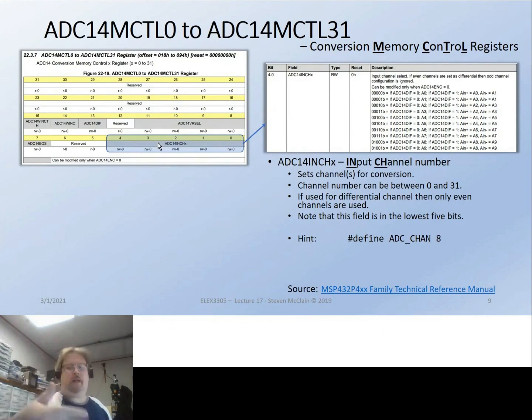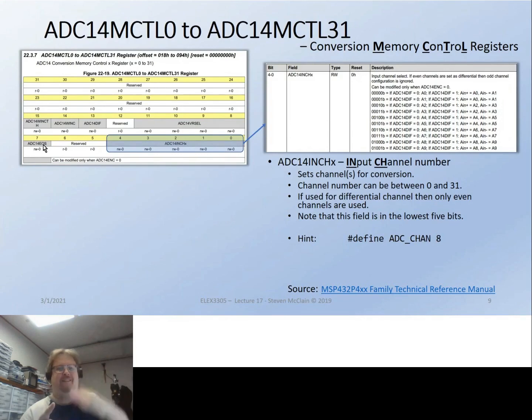So you'd set the channel for channel 0, and you set the channel for channel 1 and channel 2, channel 3, or whatever. You're setting that for each of them in order. And then when you're done, you set the channel, but you also set this bit here. That's the end of sequence bit. So it'll convert, and as soon as it sees that one bit on, it says, okay, I'm done.